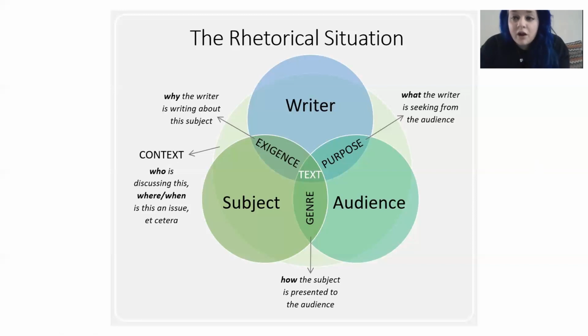It is the same thing for articles that are published online, right? The audience of Huffington Post might be different than the audience of Nature, which is a science publication, or the audience of BuzzFeed. That is certainly different than the audience of Huffington Post. So you can look at that and you can think, who might the audience be, okay?